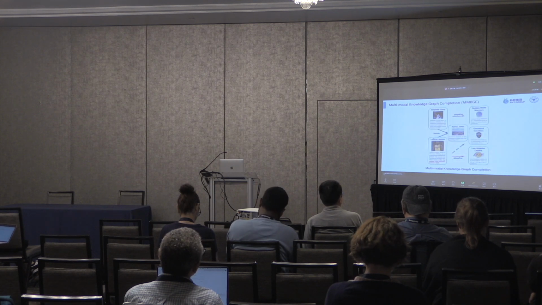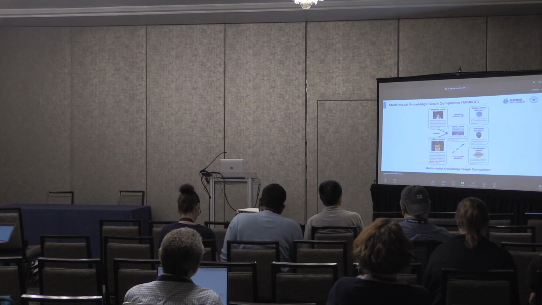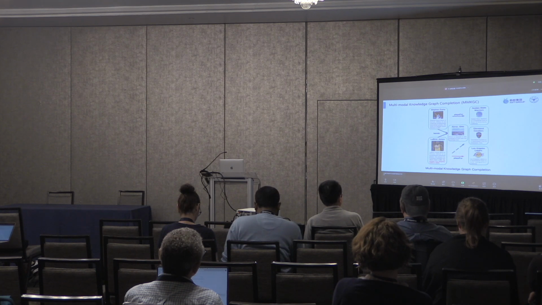Knowledge graph compilation and multimodal knowledge graph compilation is a task which aims to predict the missing links in the given knowledge graphs while considering the multimodal information of the entities.